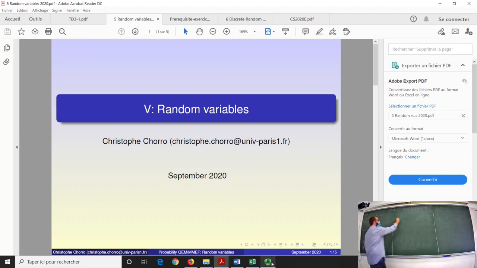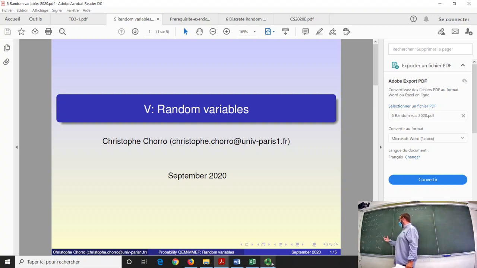So capital X can be seen as a mapping from omega into what? How many possible values for capital X? If I obtain 4, my profit is 0, nothing happened. If I obtain 2, 3, or 5, my profit will be 2.